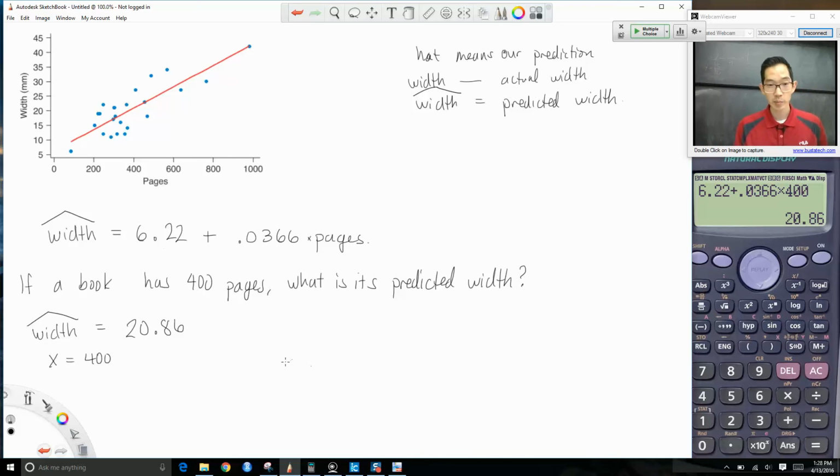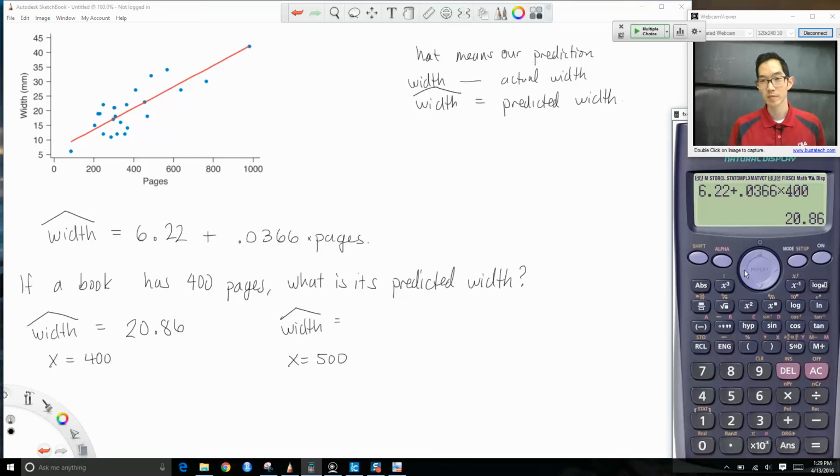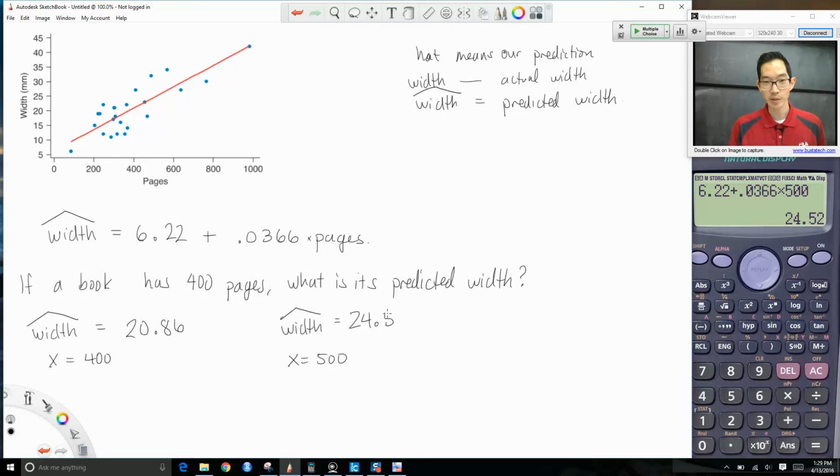What happens if x is 500? What is the predicted width? 24.52, okay.